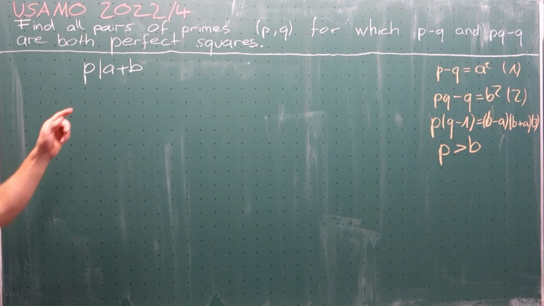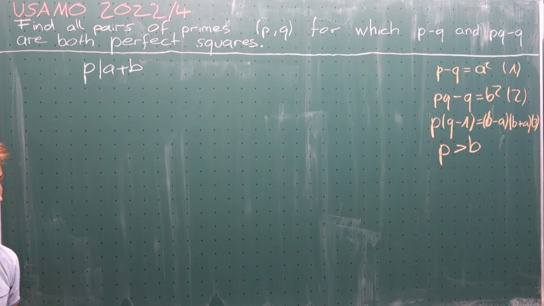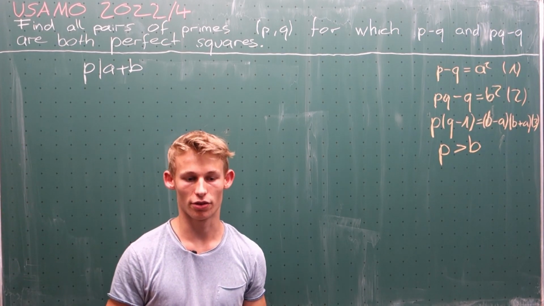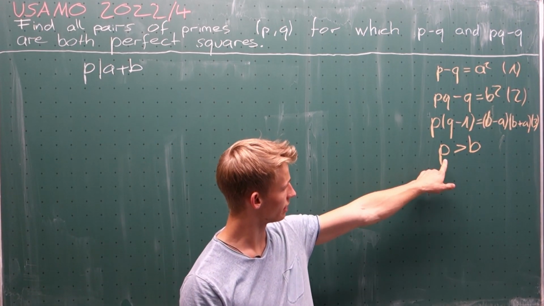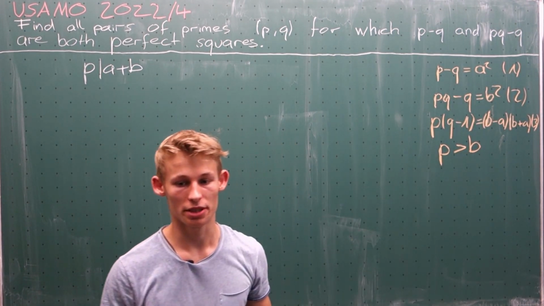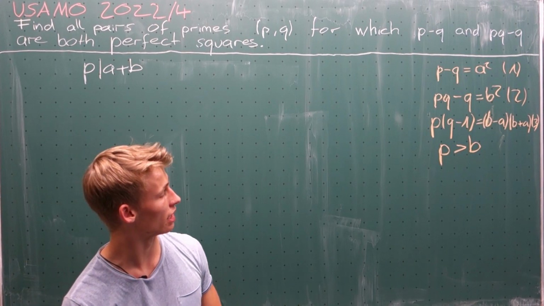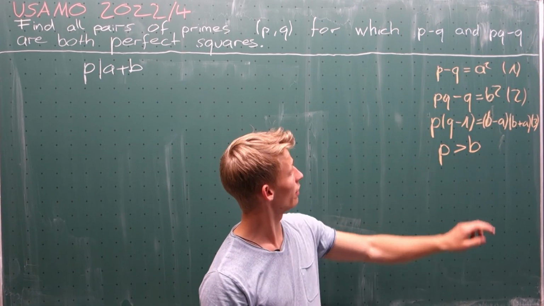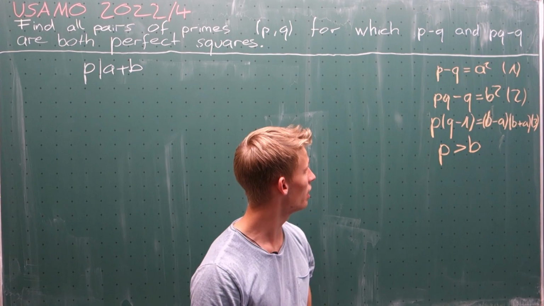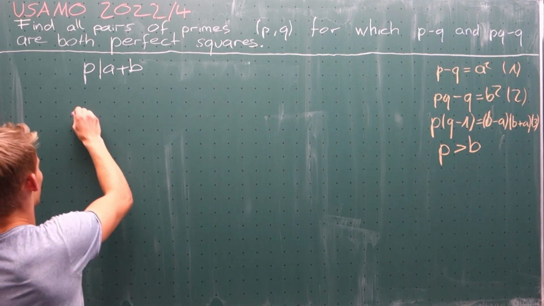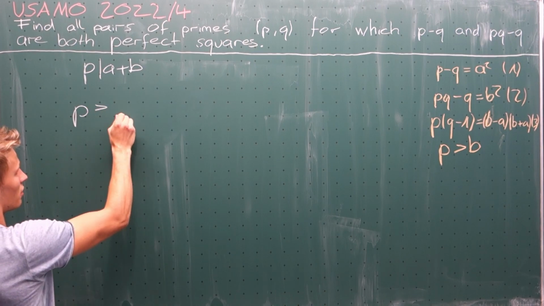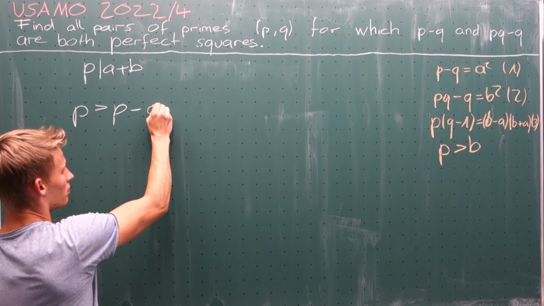So let's have a look at the case that p divides a plus b. As I already said, it's always a good idea to make some boundings. And since we already figured out that p is greater than b, maybe it's a good idea to find some relation between p and a. Therefore, we take equation 1, and we know that since q is positive, p is greater than p minus q.